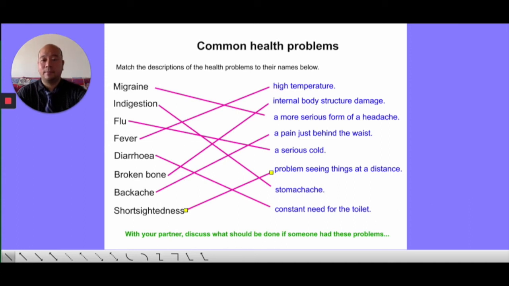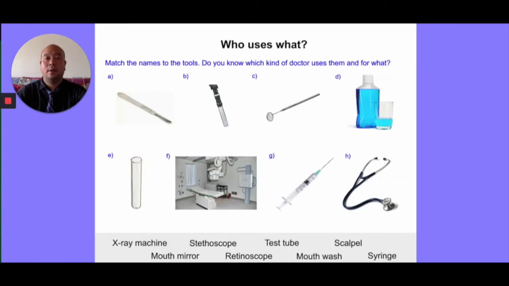Okay. On this screen, we're going to look at some tools that some doctors might use when they do their job. And the names of these tools are at the bottom. Let's read these out first, shall we? The first one is X-ray machine.